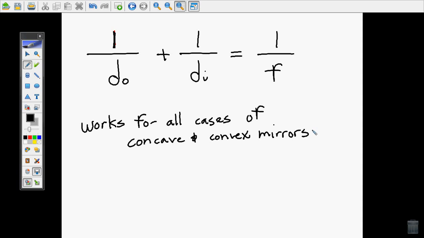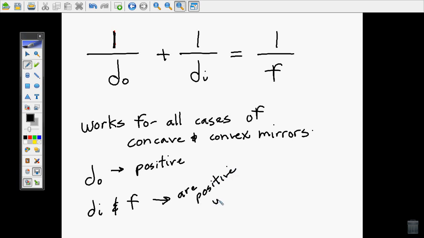And the rule goes like this. dO is always going to be positive. dI and f are positive when they're real and not virtual.